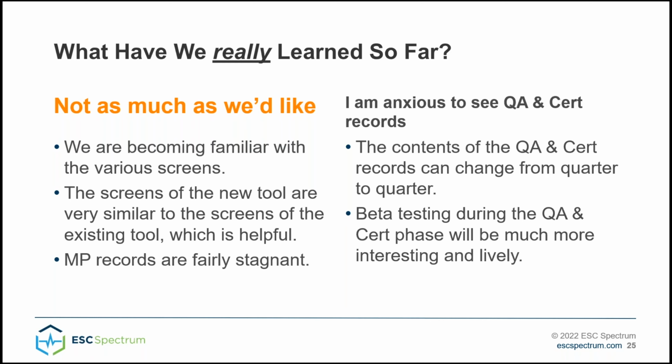So the other 3 quarters, there are no RADA records. And for that 1 quarter, there are. So there's a lot more variety when it comes to the QA and CERT and emission records than there is to the monitoring plan records. And again, I expect that the beta testing for QA and CERT and emissions will be much more lively and interesting than what we've seen so far for the monitoring plans.